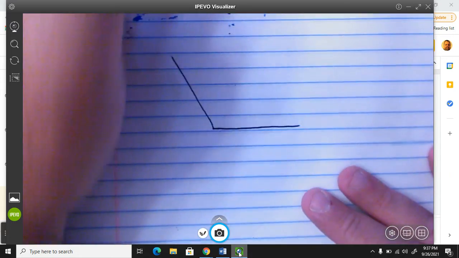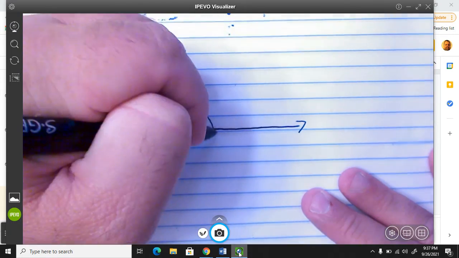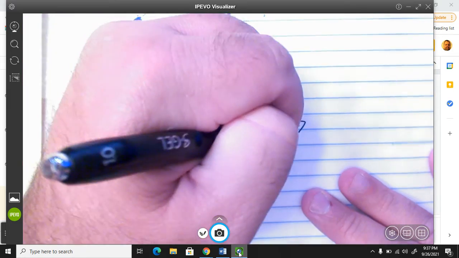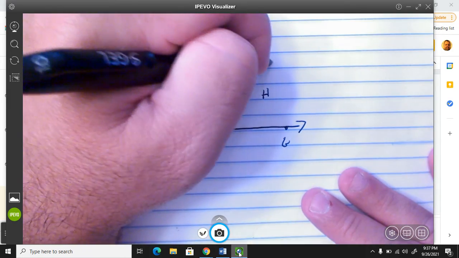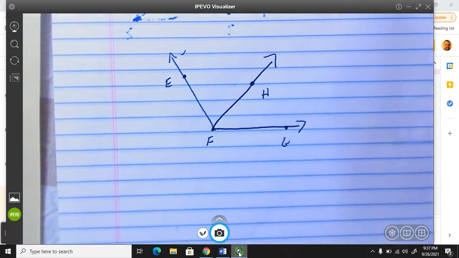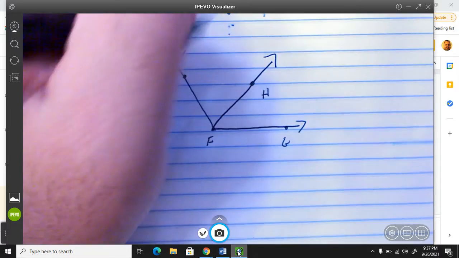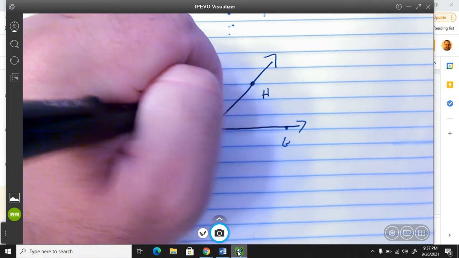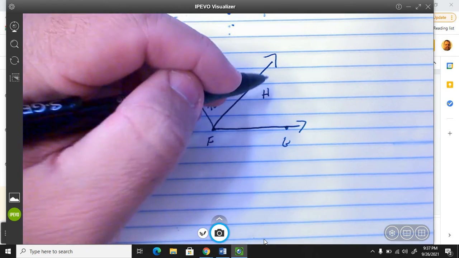So I have EFG and H is on the interior. So just going to keep it the same order there. Says the measure of EFH equals 75 degrees. So EFH is 75 degrees.